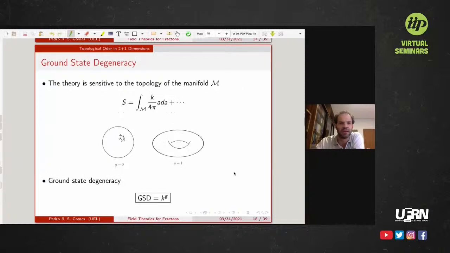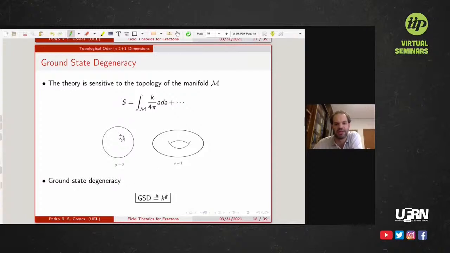Okay. Another important property of the Chern-Simons theory is that it's sensitive to the topology of the manifold. This means that if we place the system on a non-trivial manifold, like a torus, for example, we get a non-trivial ground state degeneracy.